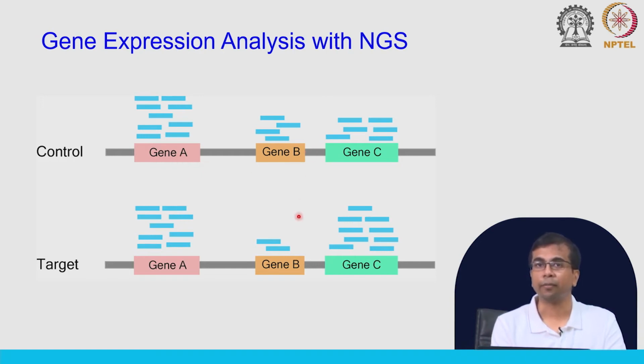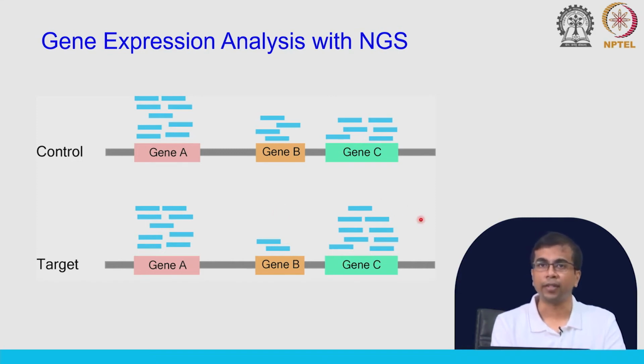You compare and see that in gene B, the target sample has fewer reads. So, you can probably tell that perhaps gene B is showing low expression in this target sample compared to the control.